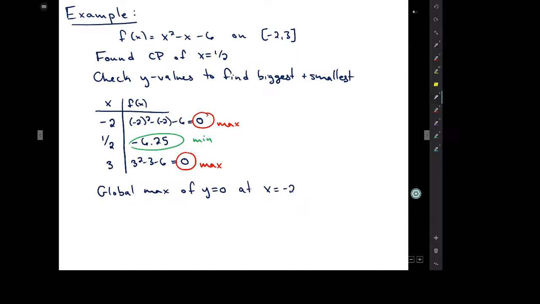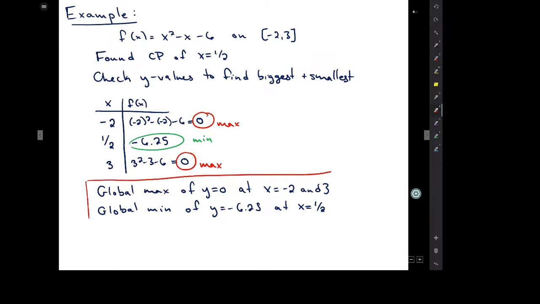So x equals minus 2 and 3, and we have a global min of y equals negative 6.25 at x equals 1/2. So we have a min and a max. The maximum happens to occur at more than one place, but it's just the one value. So that is another variation that happens sometimes in these problems.